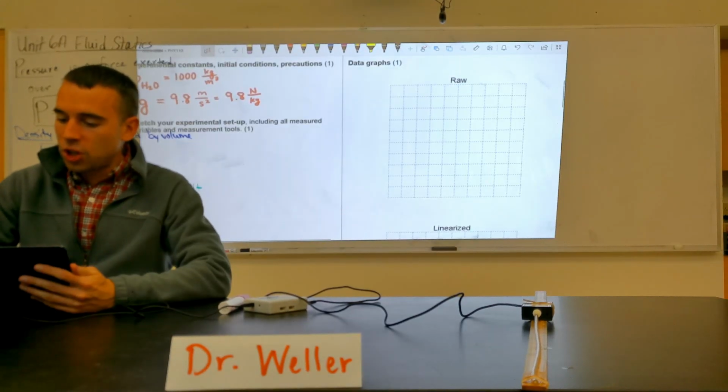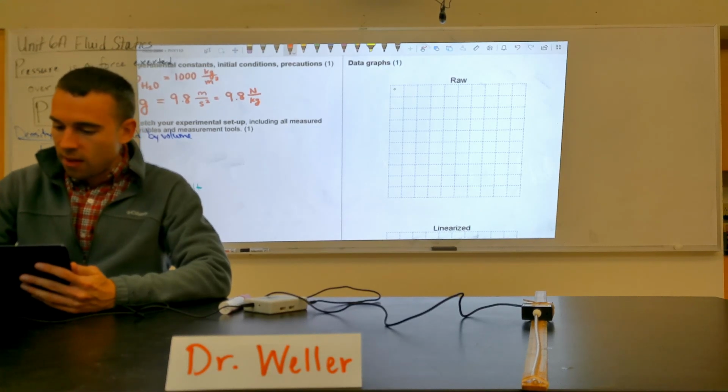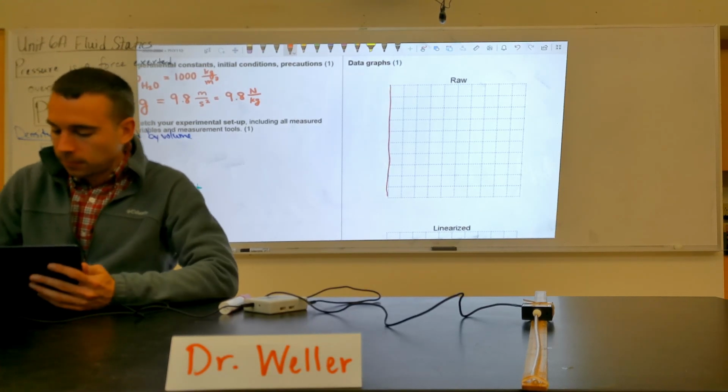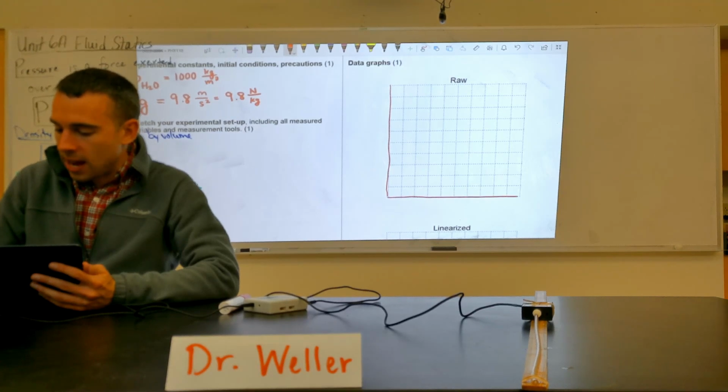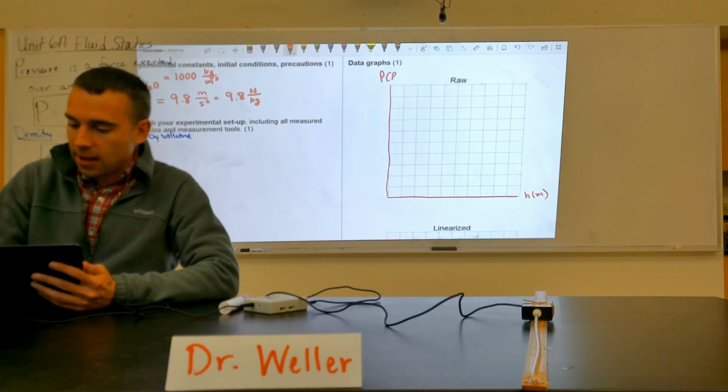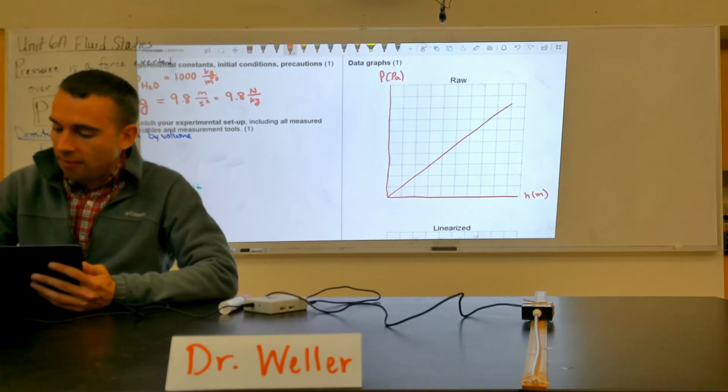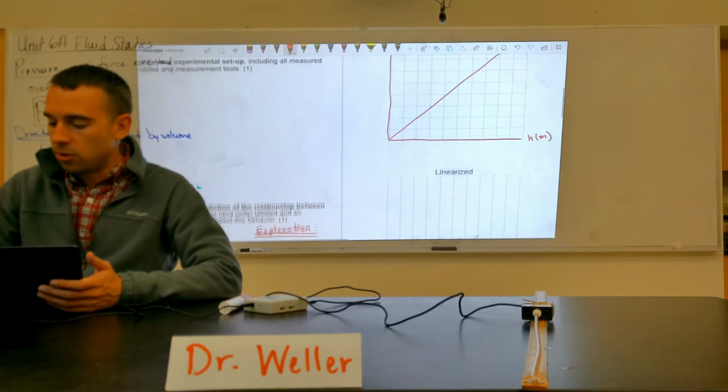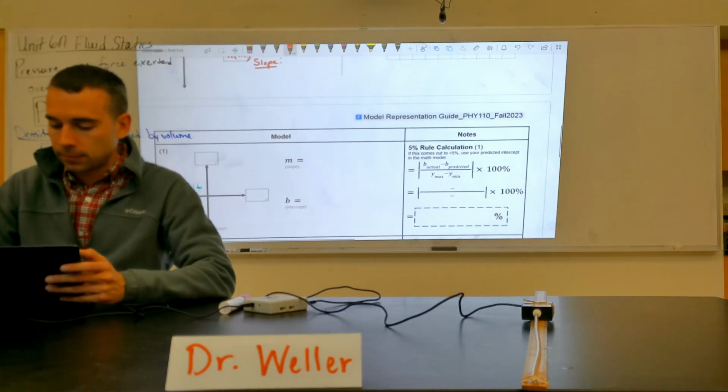So our graph, we should have pressure versus height in meters, pressure in pascals, and we get a linear graph that pretty much starts at 0. You do not need to linearize.